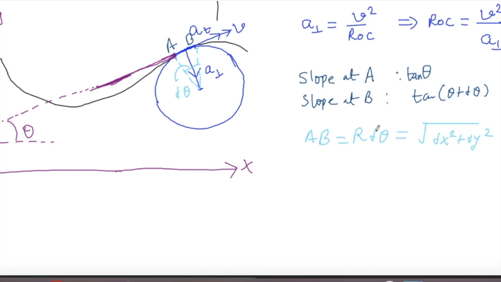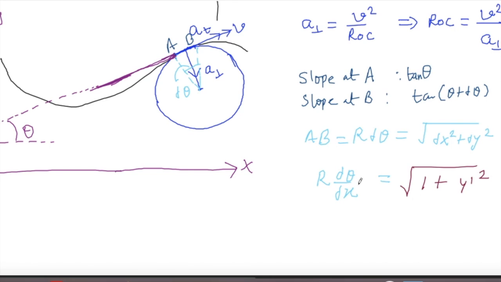Now I want to calculate the ROC, which is R here. So I am dividing both sides by dx. This will become R into d theta divided by dx is equal to square root of 1 plus y prime square. y prime is dy by dx, right?